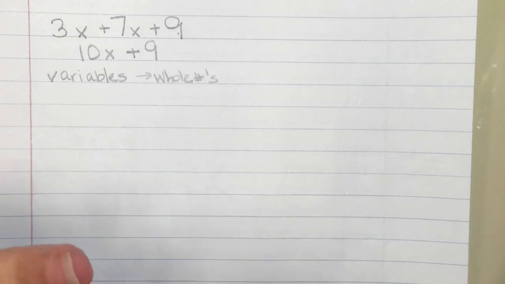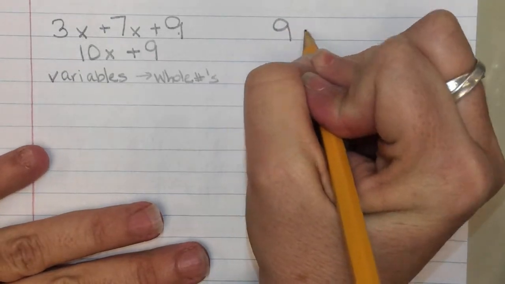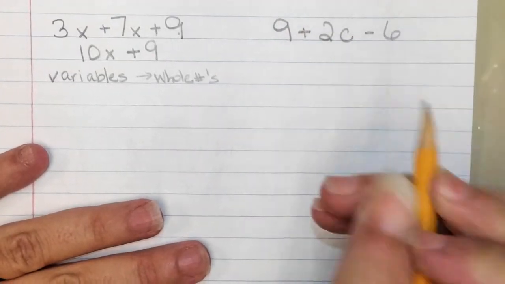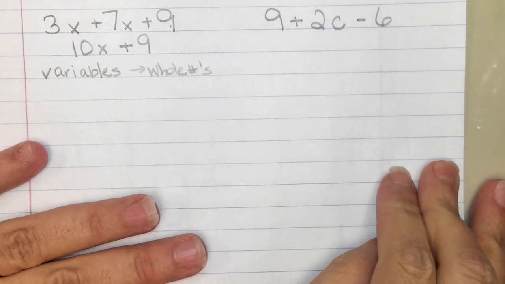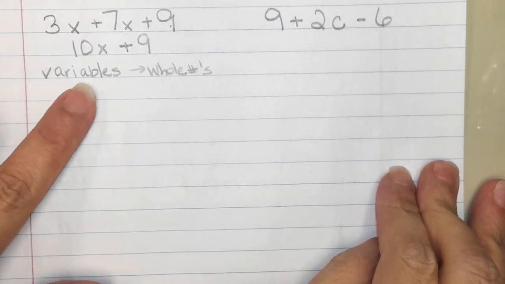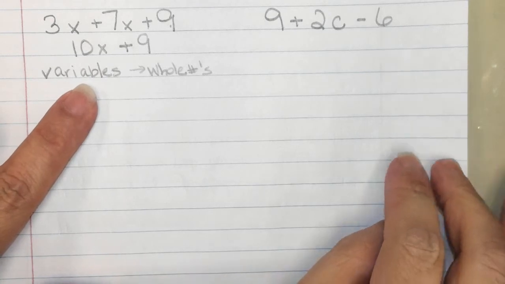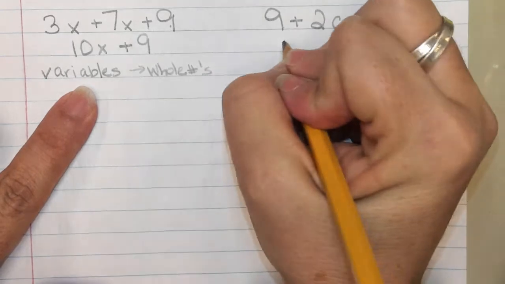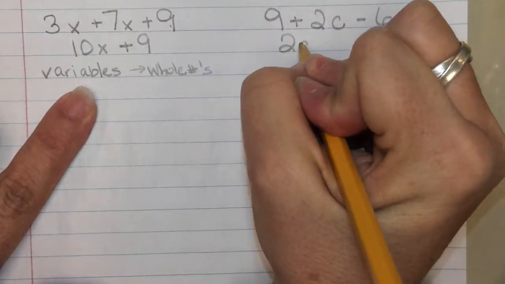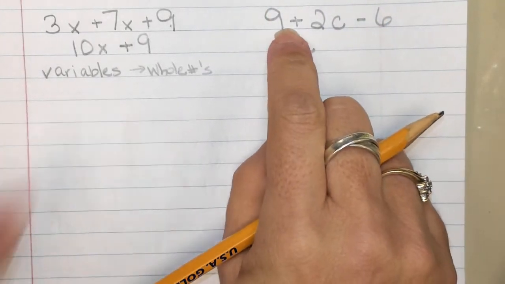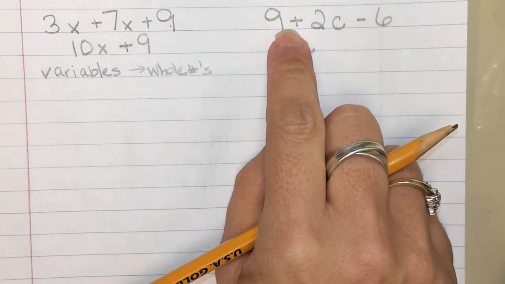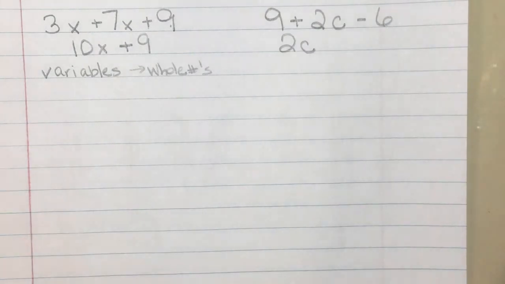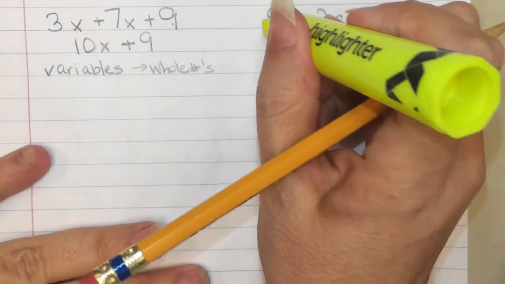Let's say you have this one. Now remember, I need variables first. So my only variable is 2c. So I'm going to bring down 2c. Now, I need to think, this is a positive 9 or a plus 9 minus 6, which is how much? 3.